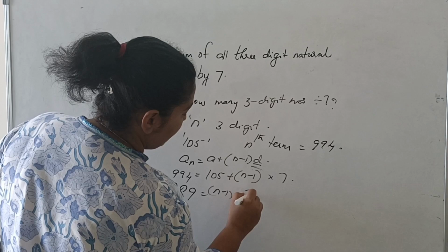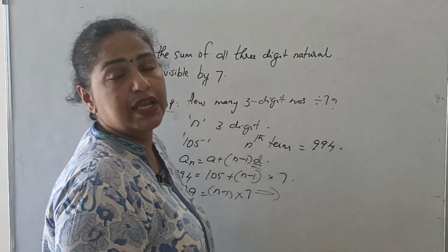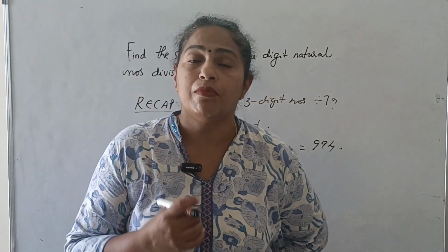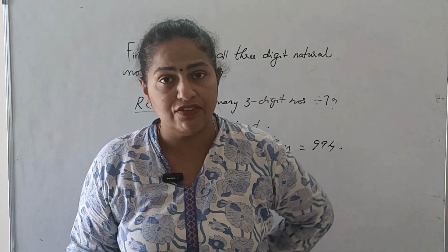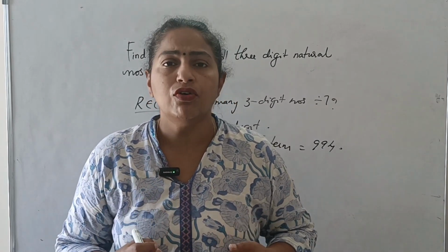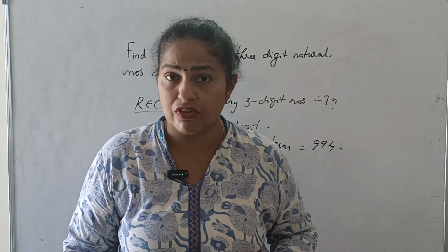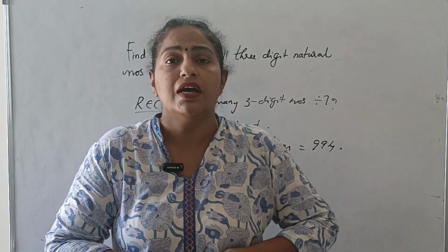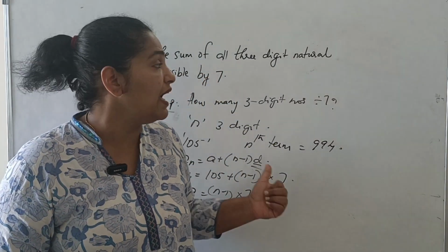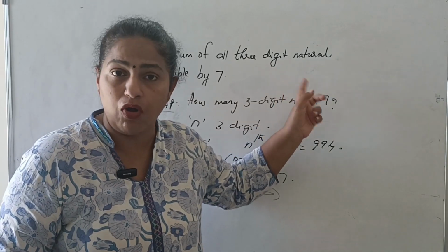We solved for n in order to get the total number of 3-digit numbers divisible by 7. We did a couple of sums based on this concept. Now this concept has to be applied in this sum also.